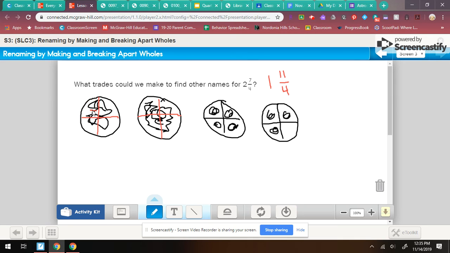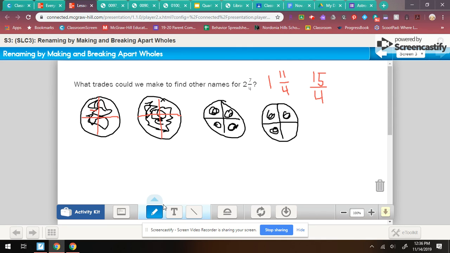I now have 1, 2, 3, 4, 5, 6, 7, 8, 9, 10, 11, 12, 13, 14, 15 fourths. Tricky to do a 5. But that's not all the names, because 2 and 7/4, that's already improper.